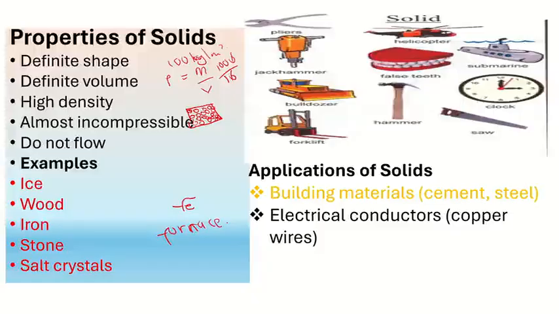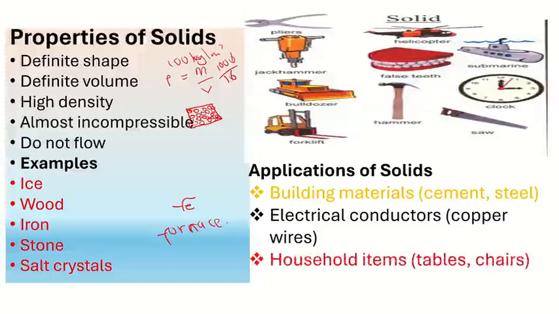Electrical conductors, the copper wires and the aluminum cables. We can talk about household items: your mom's table, the chair, your television set, the bowls that you eat from, and the rest. And lastly, the tools and the machines we use around. They are all made up of solid components.